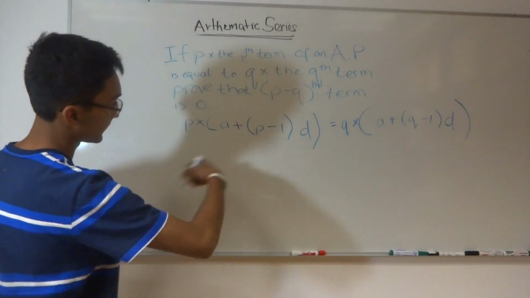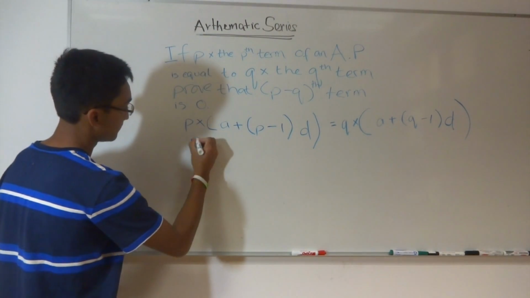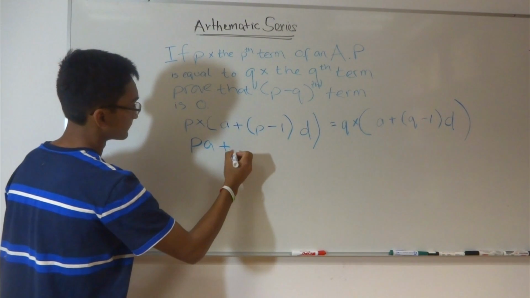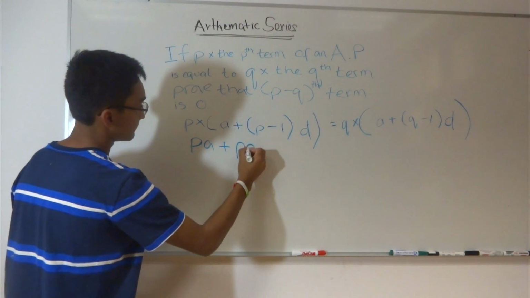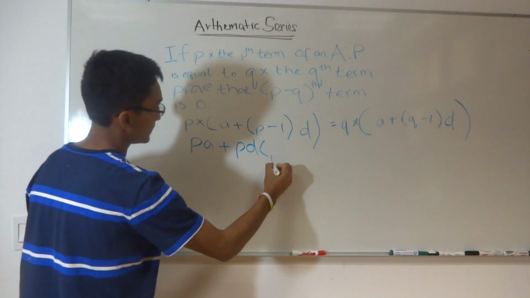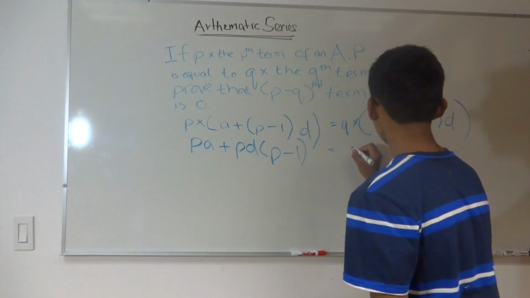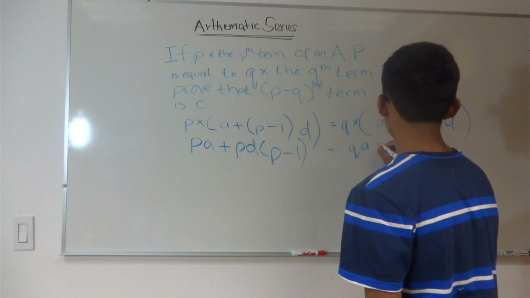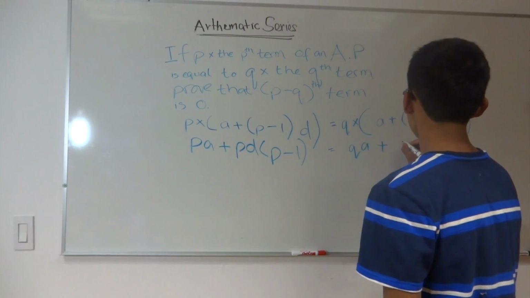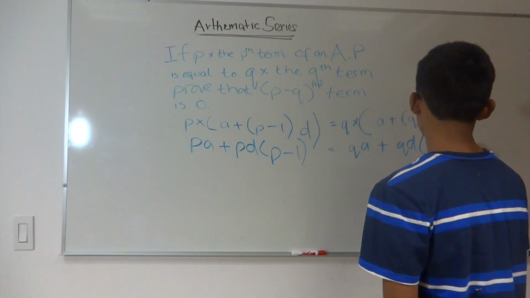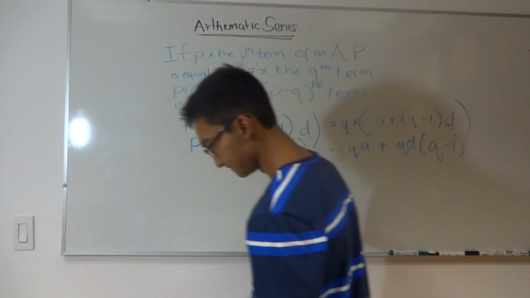So expand this. p times a plus pd times (p minus 1), which is equal to q times a plus qd times (q minus 1).